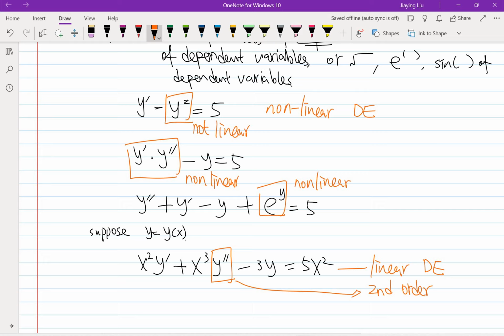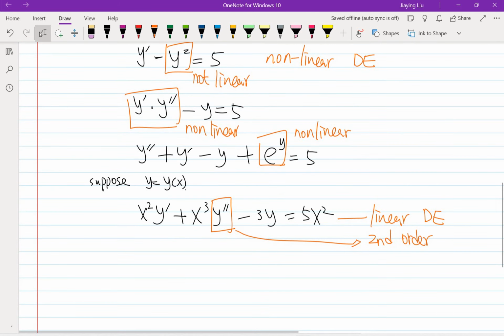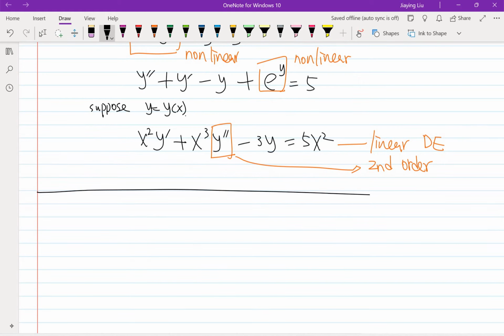This should be dy dx. This one should be d squared y dx squared. You only have one independent variable. Any questions on those? No? All right. Well, if you don't have questions, we can look at a few practice problems.